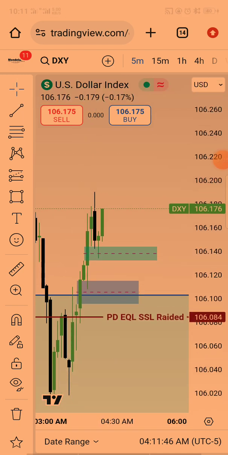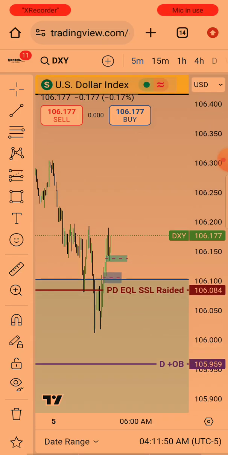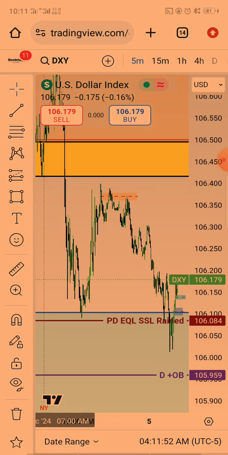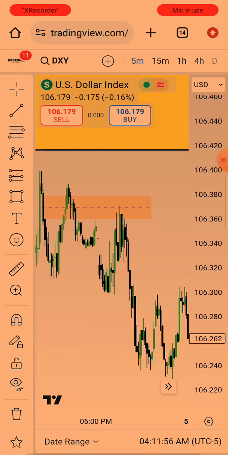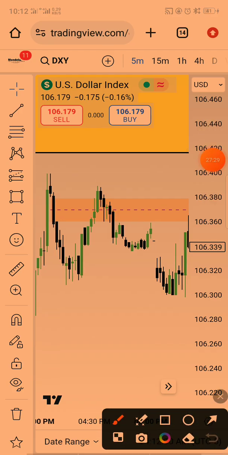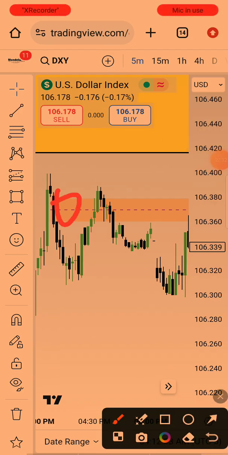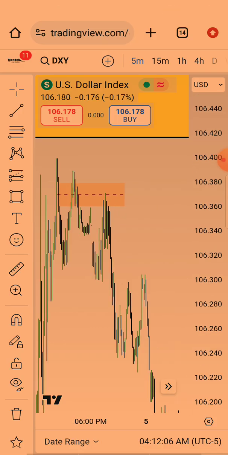You can see now, this is a fair value gap on Dixie that I'm marking on DXY. So anytime I say Dixie, I'm referring to DXY. So now, you can see when I was talking about DXY yesterday, the fair value gap here that I marked out, you can see anything. Now let me show you the power of something.